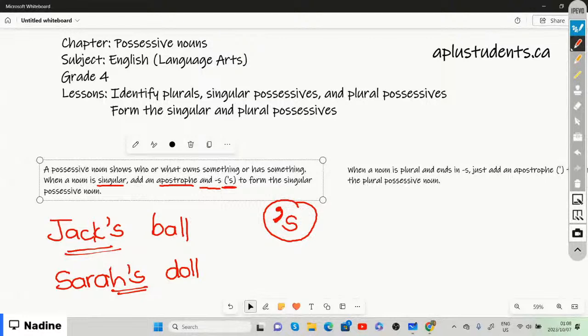And there we have an example: Jack's ball, Sarah's doll. And remember, a possessive noun shows who or what owns something or has something.